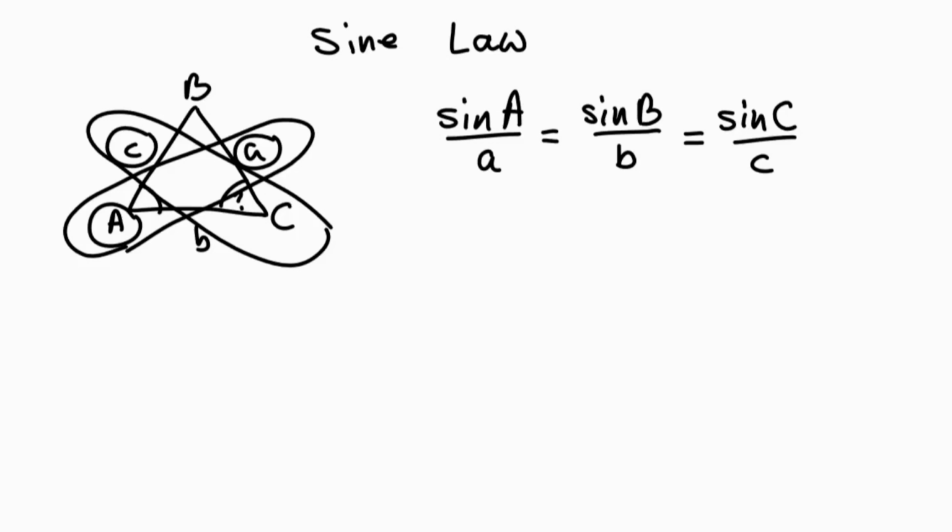Sometimes there is a bit of a problem with the sine law that creates an ambiguous case. For example, we're given the angle and 2 side lengths, and we're being asked to determine another angle.